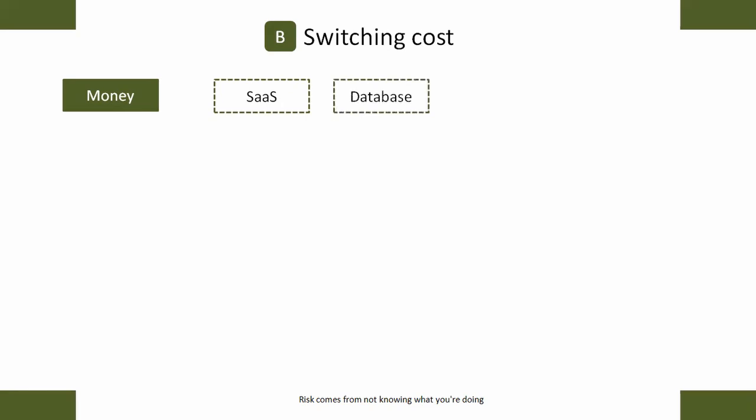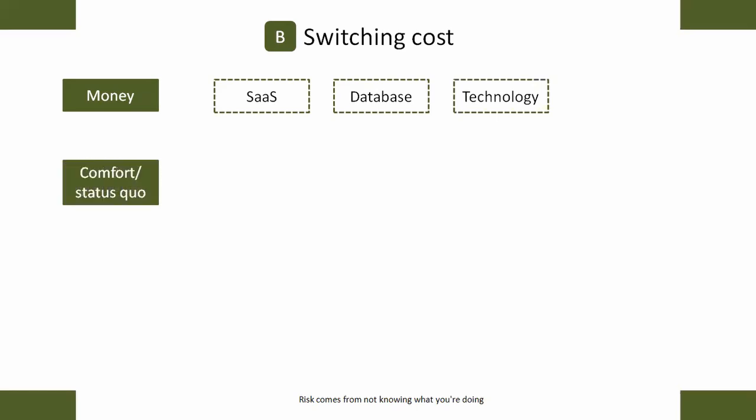Same is with database. If you want to change database, you will have to implement a project which will change database. Moving data from one database to another database, it will have huge risk of data getting corrupted. And third is technology. If a company wants to change technology, again it needs to be implemented with a project. It will have constraint in terms of skill set and all that. So money is one strong switching cost.